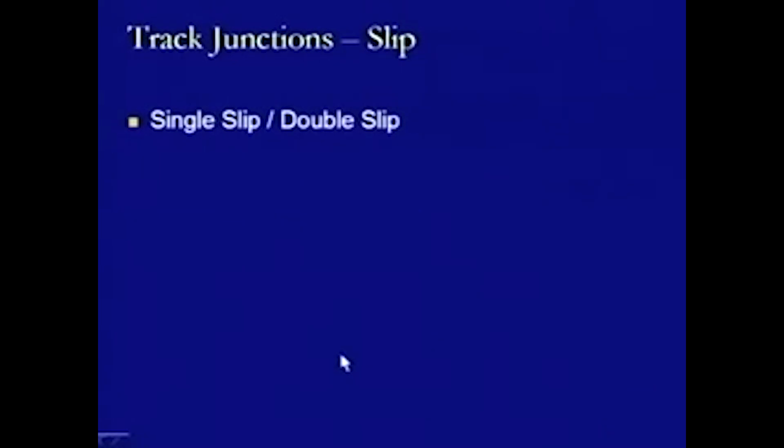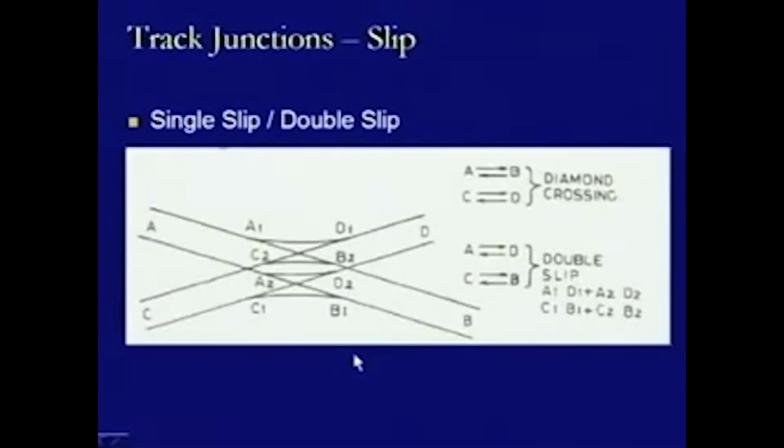So, in the single slip and double slip condition, now we look at another diagram which tries to define the double slip. Here what we can see is that apart from the movements which are provided on a diamond crossing, that is A to B and back and C to D and back, we are now also having another movement, that is from A to D and back and C to B and back.